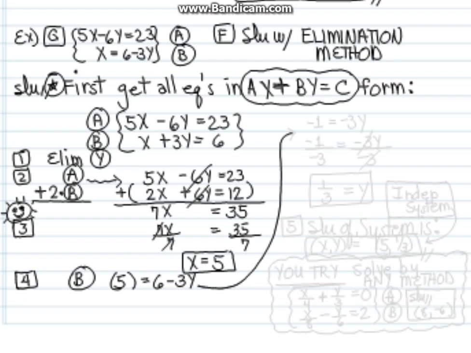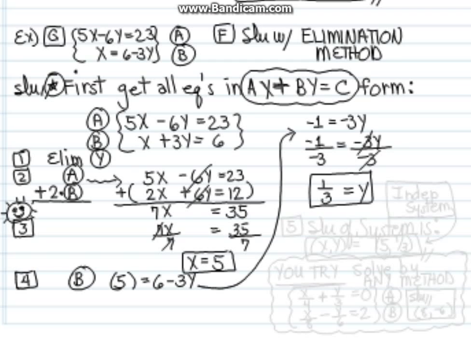I'll subtract 6 from both sides. That will give me negative 1 equals negative 3y. Then I'll divide both sides by negative 3 to get the y by itself, because these cancel. That gives me y equals positive 1 over 3.